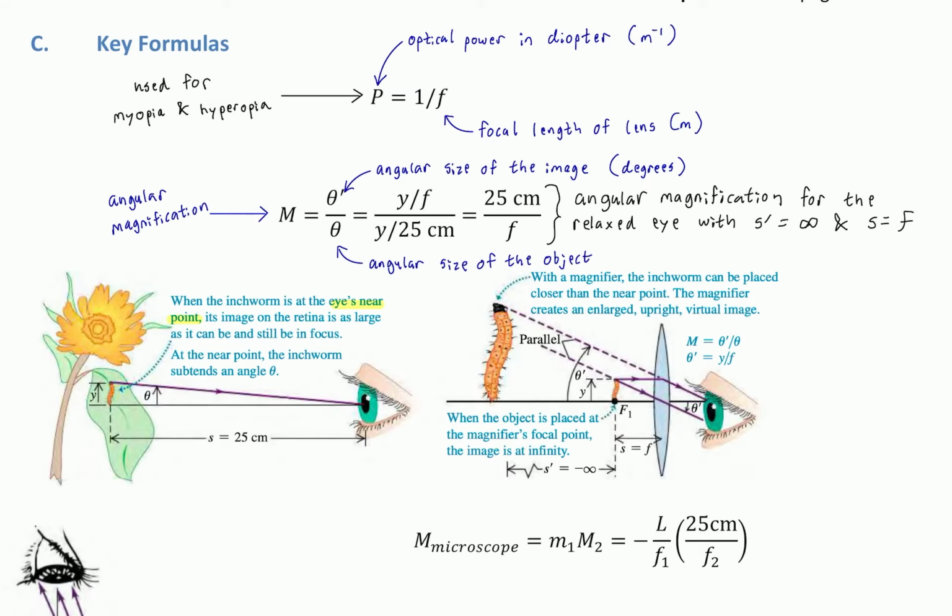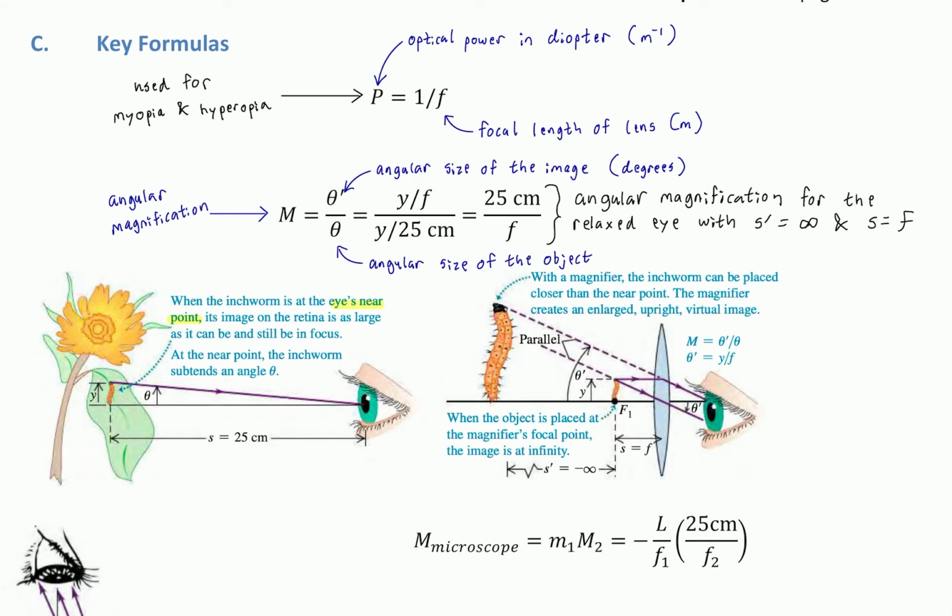It's relaxed because it has the longest focal length, where it takes in those parallel rays and focuses them on the back of your eye. That's the idea for relaxed eye vision, because it puts the image infinitely far away, or at least so much further away on the scale of the eye that it's effectively infinity. And in that case, the focal length is exactly equal to the object distance. So the focal length is equal to the object distance for the relaxed eye.